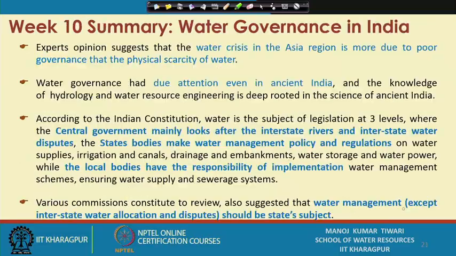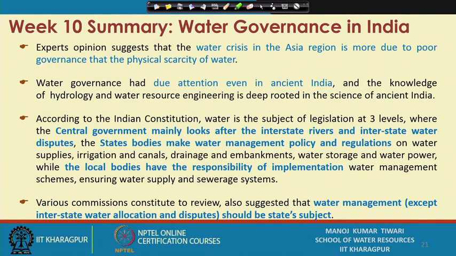After week 9, in week 10 we discussed the water governance aspects in India. How our constitution authorizes the different agencies for water governance, and what the common practices adopted over water governance are, was discussed in week 10, excluding the disputes which were discussed in week 11.